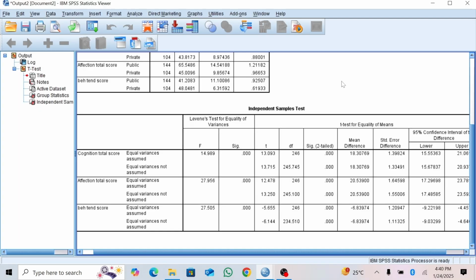So if I summarize the main point again, this is the calculated value and we can see here the significance level is lower than 0.05. So in my research, there are significant differences among university students.